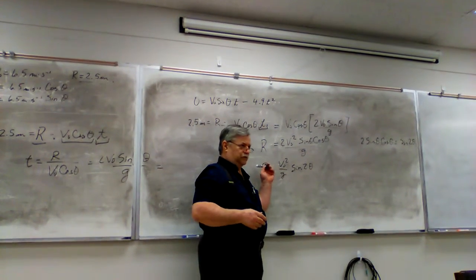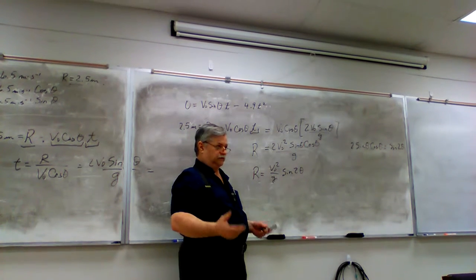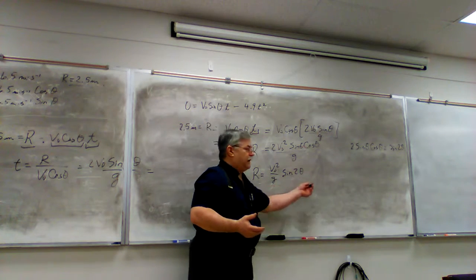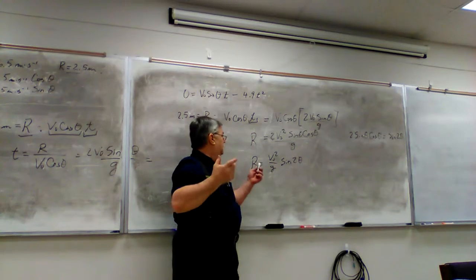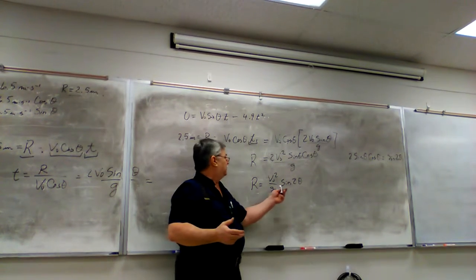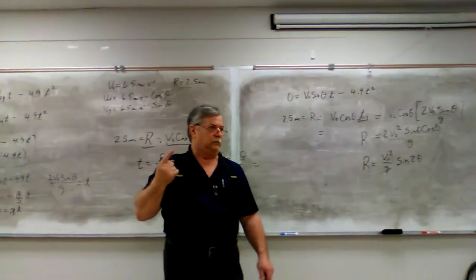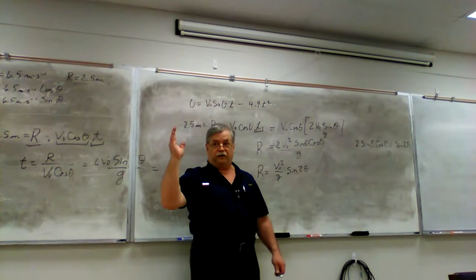No, 2.5 is the value of a range that we're eventually going to plug in and actually solve for a couple of angles of theta. But right here, you can look at this and see the most it can ever be is when sine 2 theta is equal to 1. Okay, which means when 2 theta is at 90 degrees.